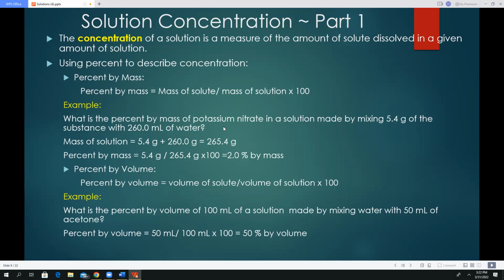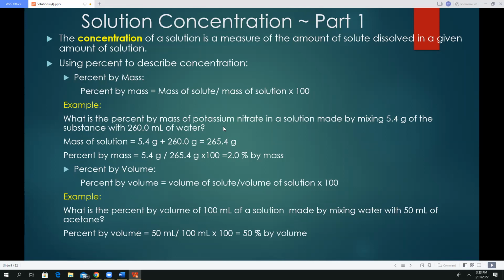So once again, volume of the solute, in this case, it says 100 milliliter solution. So that's the bottom. Mixed by mixing 50 milliliters of water with acetone, so 50. So obviously it's going to be 50 divided by 100 times 100, equal to 50%.